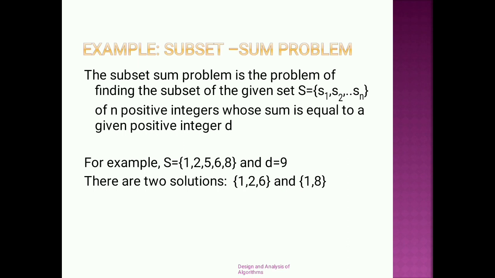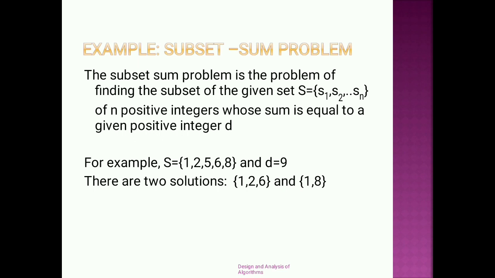So here we can have two solutions. One is {1, 2, 6}, which is a subset of S. When you add 1, 2 and 6, the total sum is equal to 9, which is exactly equal to the value of d. Similarly, we have one more solution, that is {1, 8}.